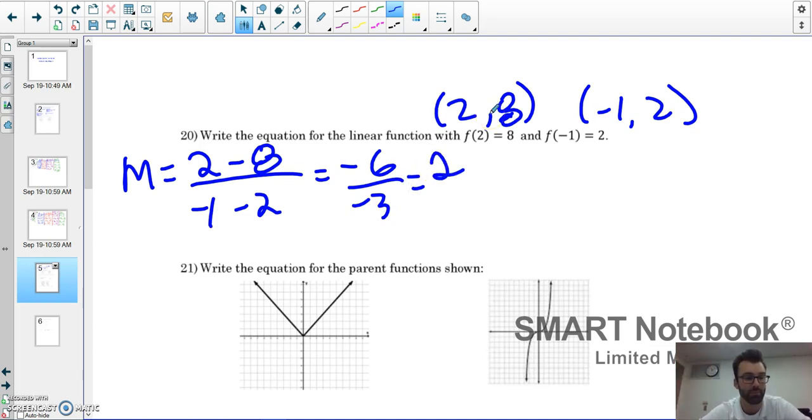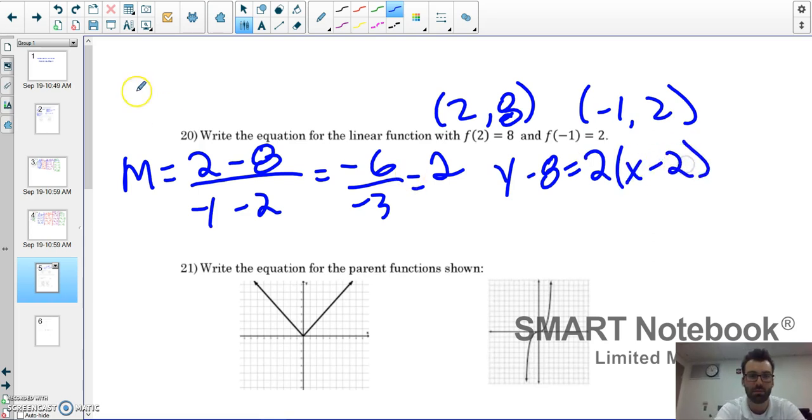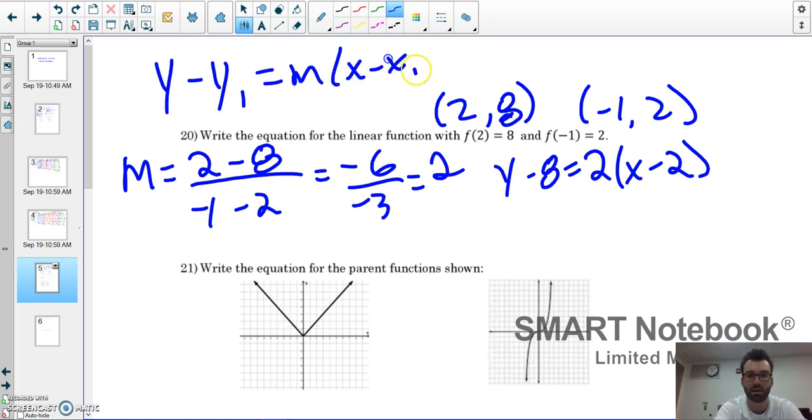Now, I'm going to put this in point slope form first. I'm going to use this point here. Y minus 8 equals, not m, y minus 8 equals 2 times x minus 2. Remember, point slope form looks like this: y minus y1 equals m times x minus x1.